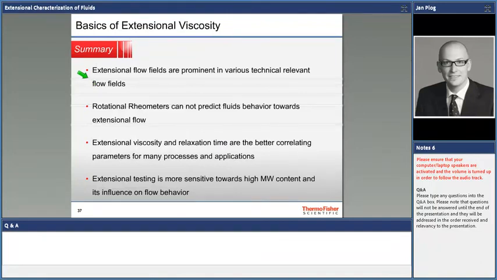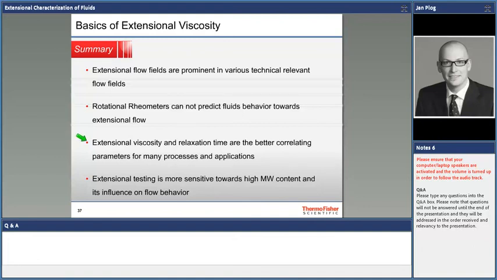I was able to explain to you that extensional flow fields are, of course, prominent in many different technically relevant flow fields, and that rotational rheometers cannot predict how those fluids will behave in those extensional flow fields.